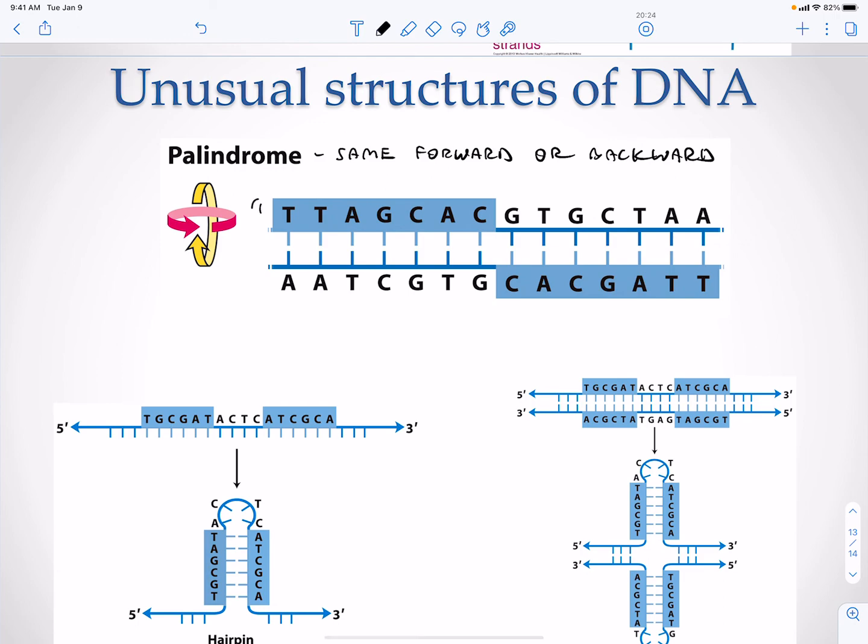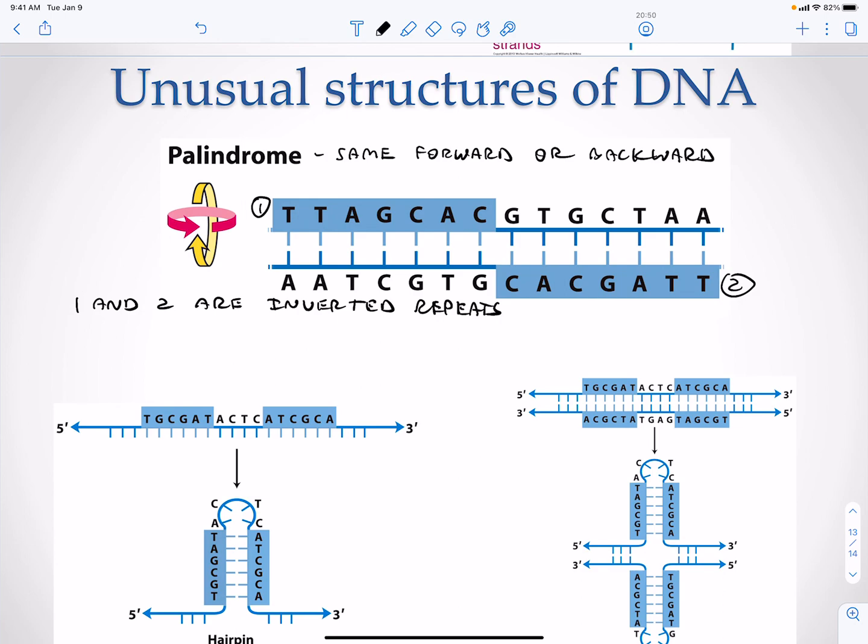So we'll put 1 here and 2 here. So 1 and 2 are inverted repeats. Now the palindrome sequences are going to be complementary, and they are going to be able to form 2 structures.